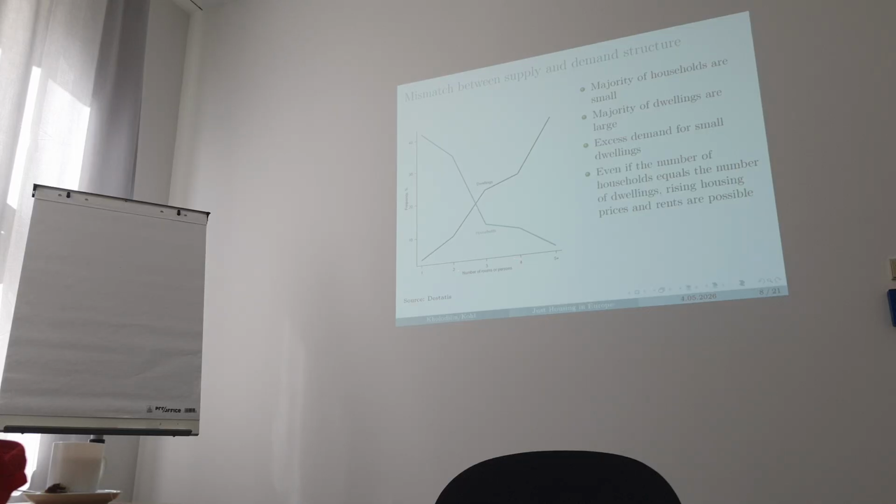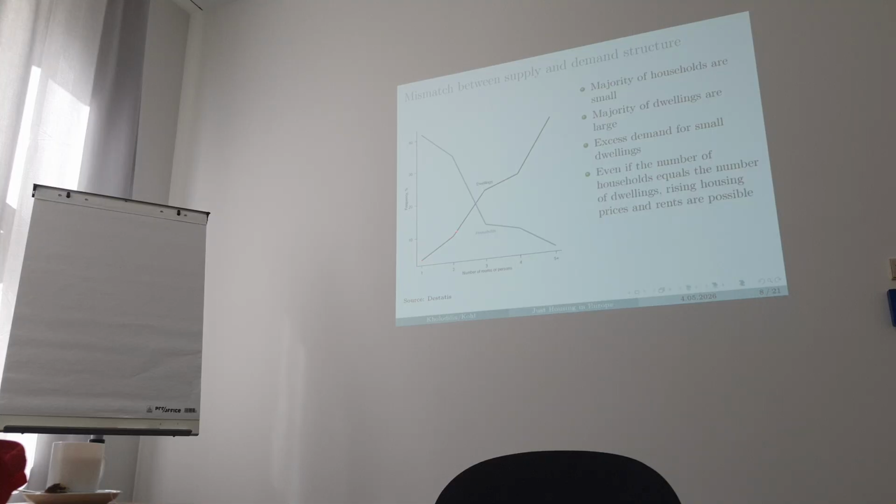We have the distribution of households and dwellings by size. For example, the green line corresponds to households. We see that one-person households represent more than 40%, two-person households represent roughly 35%. Bigger households are less than 5% of the total number of households.